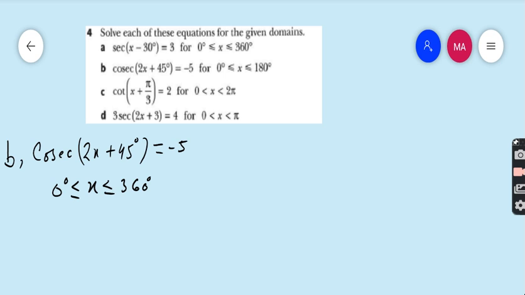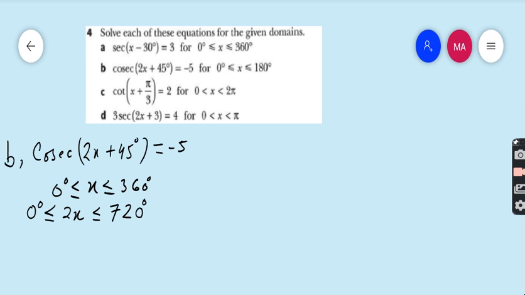Multiply the value of the angle by 2. So 2 into 0 is 0, 2 into x is 2x, and 2 into 360 is 720.